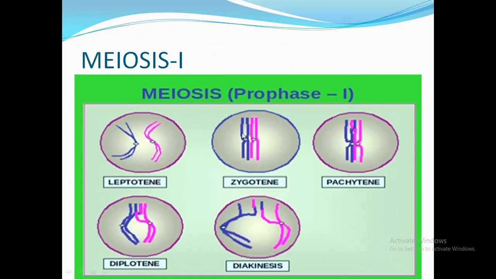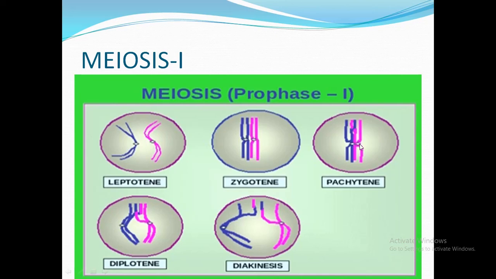Homologous chromosomes start pairing, coming towards each other to form synapsis, and during synapsis, a synaptonemal complex is formed between the homologous pair of chromosomes. Since there are two chromosomes in each homologous pair, it is called a bivalent, and since there are four chromatids, it is also called a tetrad.